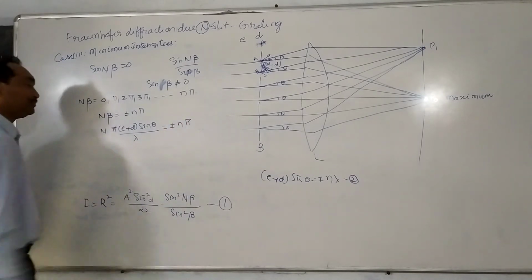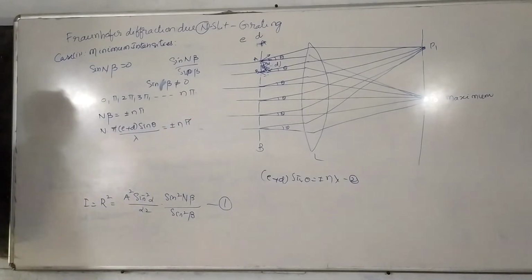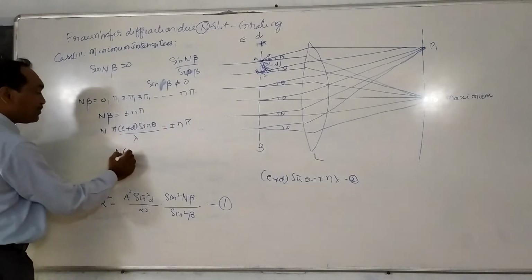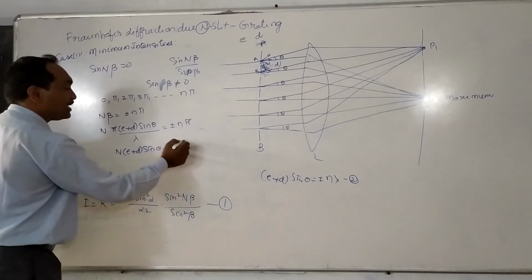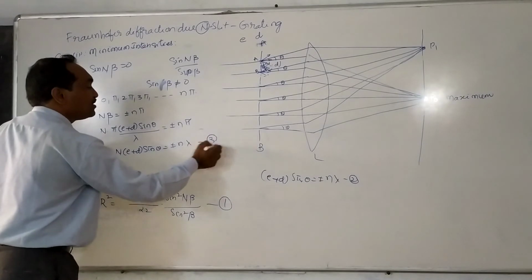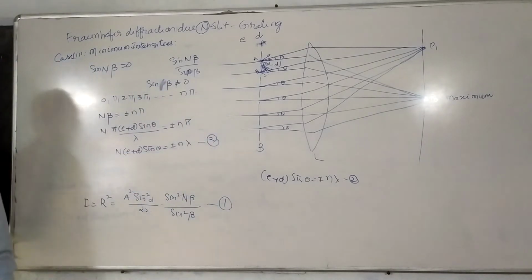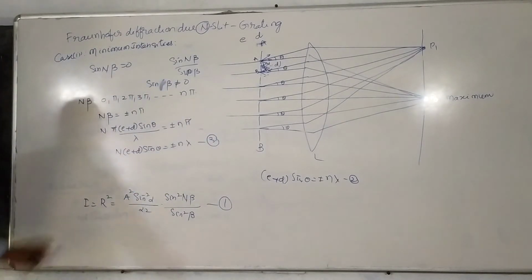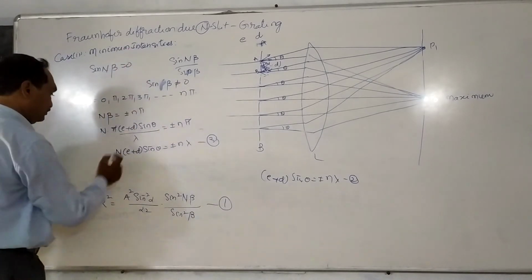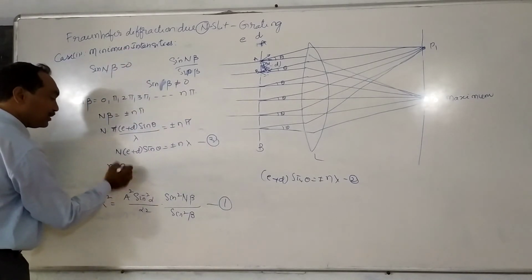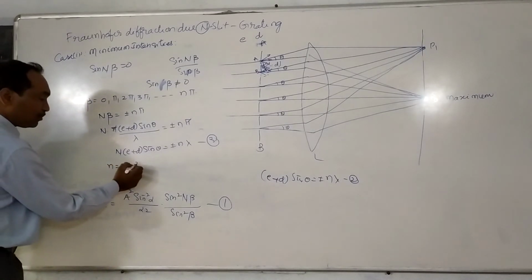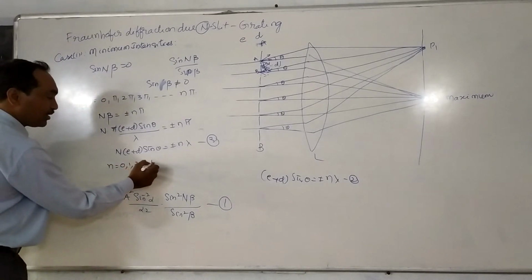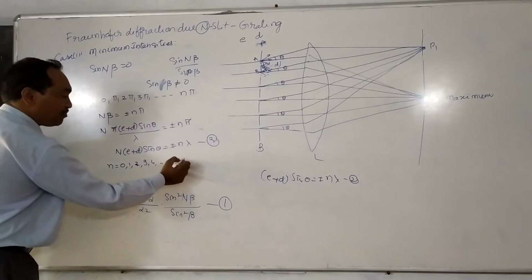Cancel pi, so that capital N into e plus d into sin theta is equal to plus or minus n lambda. This is the condition for minimum intensities. So what are the values of n? n, of course, 0, no problem. 1, no problem. 2, 3, 4, and so on, up to N minus 1.